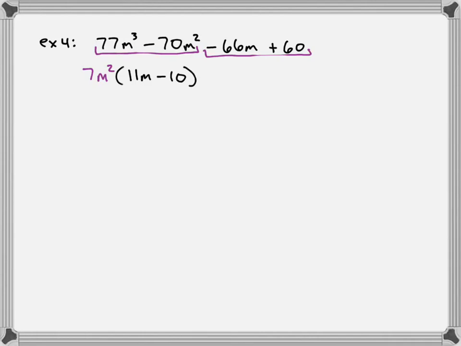Then if we look at the next set of terms, the negative 66m plus 60, our GCF is going to be a negative 6.